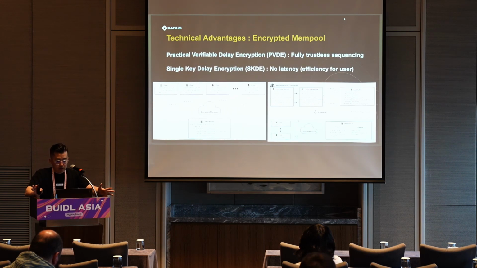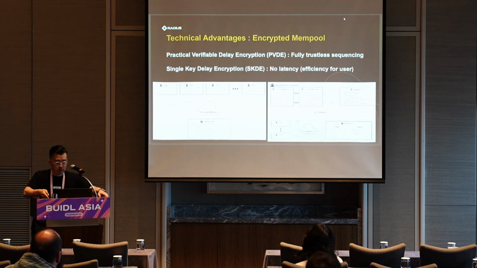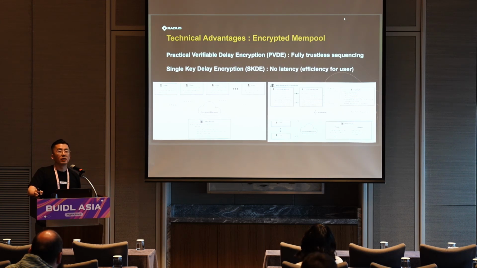So I'm going to deep dive more into the technical side. I will explain our encrypted mempool and how it works. There are a couple of ways to implement an encrypted mempool. The common way would be based on threshold encryption, which means that when you generate your transactions and encrypt them, you need to split your encryption key and deliver it to third-party key-holding parties.